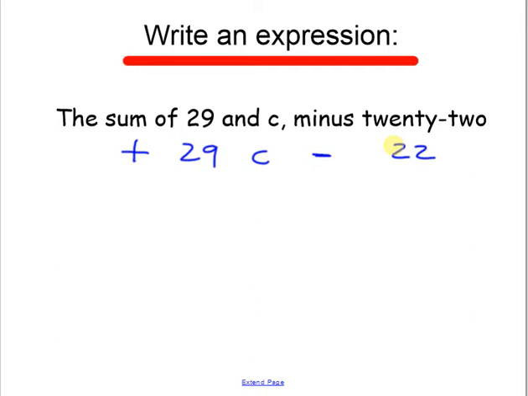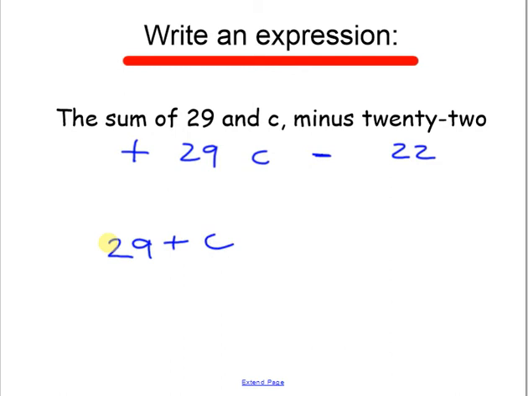You might have to read it 5 or 6 times. The sum of 29 and c minus 22. So what's separate and on its own? Well, this minus 22 is by itself. So let's take care of the sum of 29 and c first. So that's going to be 29 plus c.